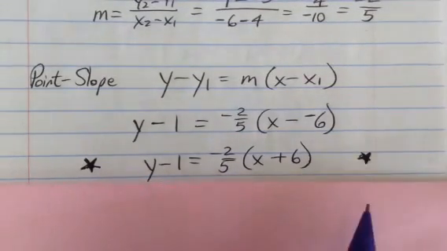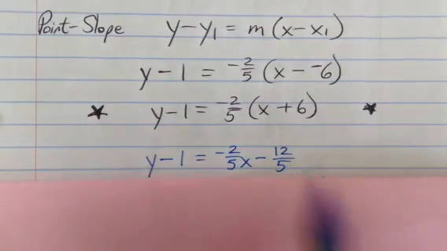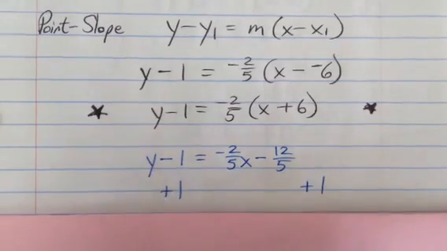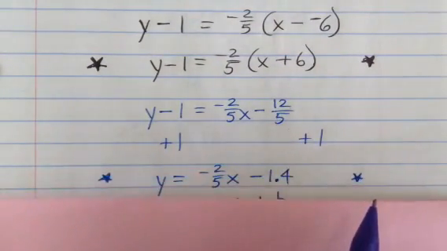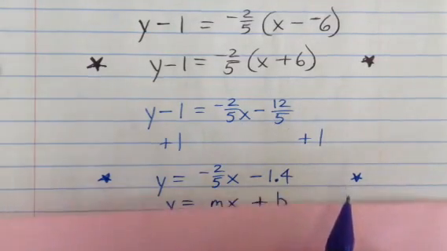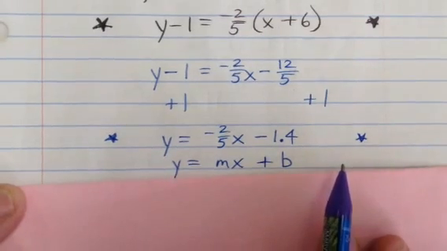Now, use this to go to the next form. Distribute your negative 2/5, you get this, and isolate the y. In this case, I'm going to add 1 to both sides. Use your calculator if you need to. And guess what you have now? You have y equals mx plus b. You have slope-intercept form.